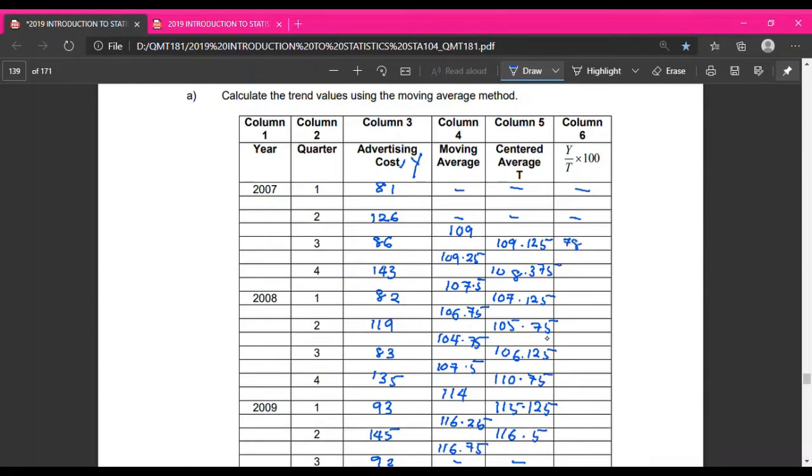Make sure to multiply by 100, otherwise you will get the wrong answer.